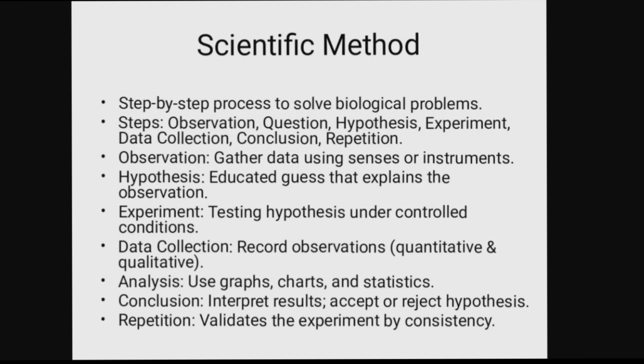They have questioned their observation. They have generated a hypothesis, testing how this should have happened. Then they experimented on it. And after everything, they collected the available data, drew a conclusion and repeated the process.